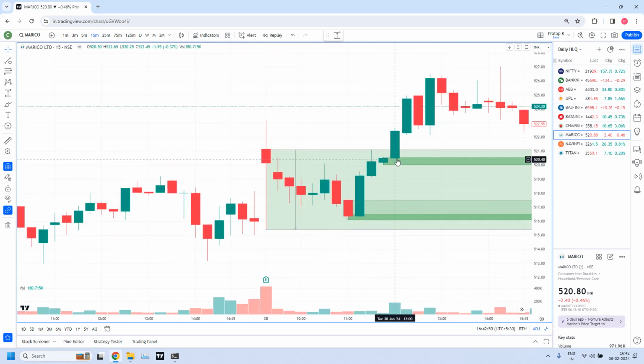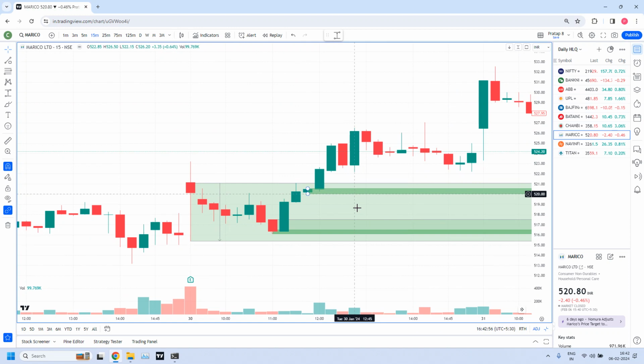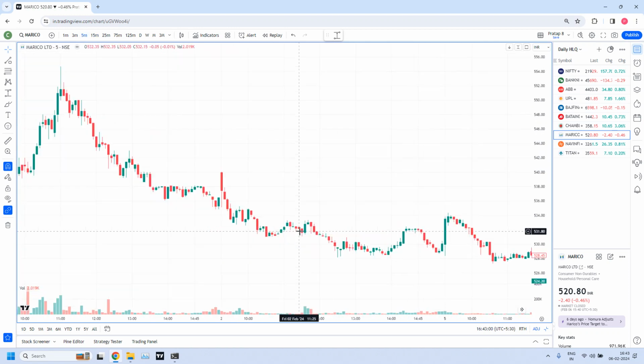Here we have a rally base rally, and one more we have a rally base rally. Two zones were identified, 15-minute zones. Now look into the 5 minutes inside the 15 minutes.